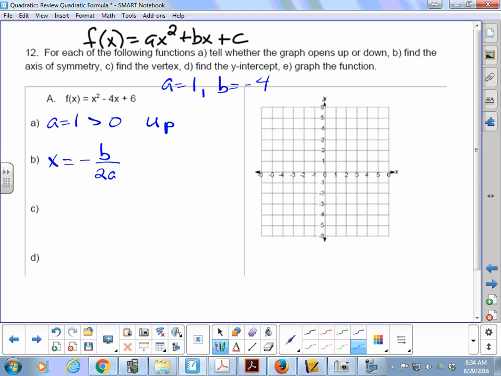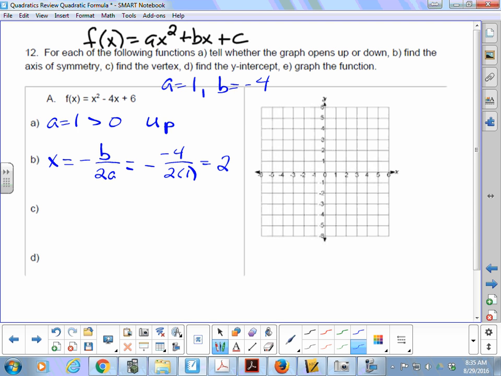So we have negative negative 4 over 2 times 1. The opposite of negative 4 is 4, divided by 2 is 2. So x equals 2 is our axis of symmetry.